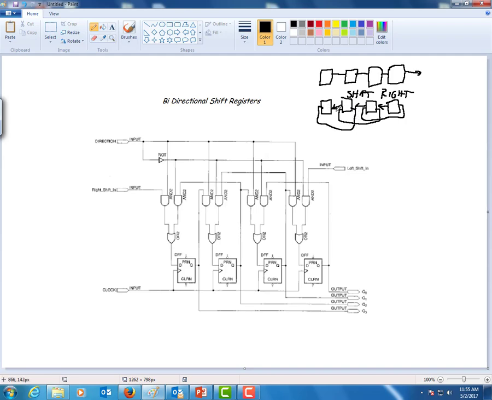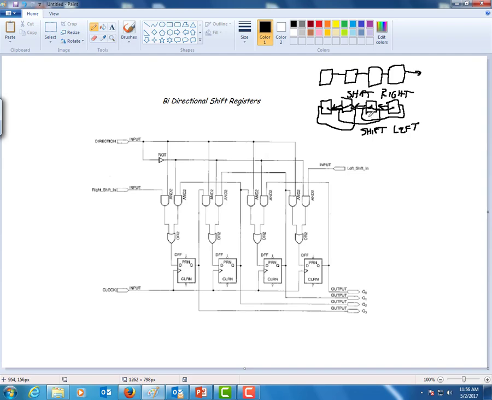The point is that after each clock pulse, the value that was in this one is going to move here. The value that was in this one is going to move here. The value in this one is going to move here to the left. This is called a shift left. So one of these shift registers shifts to the right, and this one shifts to the left. You don't have to worry about the wiring so much right now.